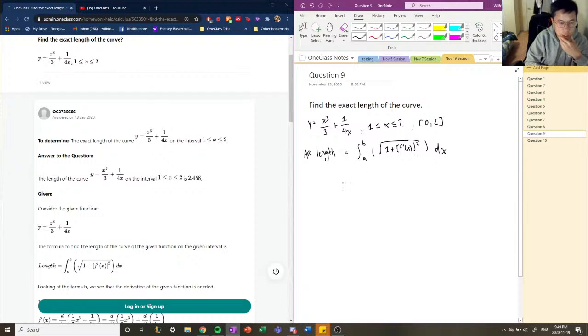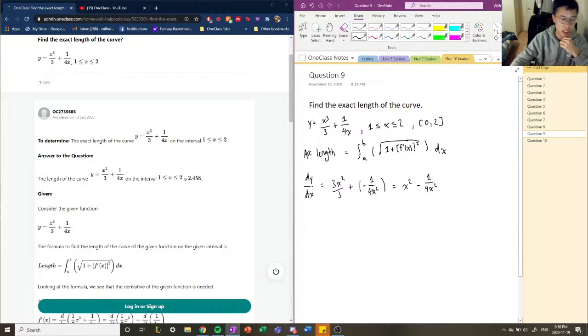In this case, the first step is to find our dy over dx. dy over dx is 3x squared divided by 3 plus negative 1 over 4x squared, which just equals x squared minus 1 over 4x squared.